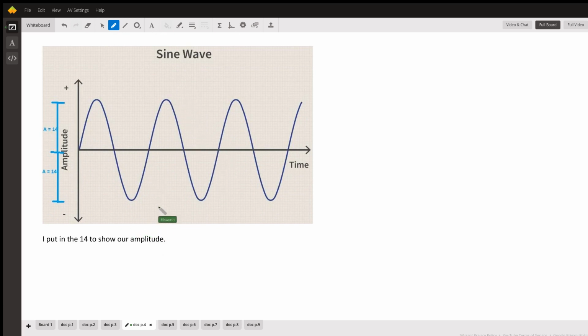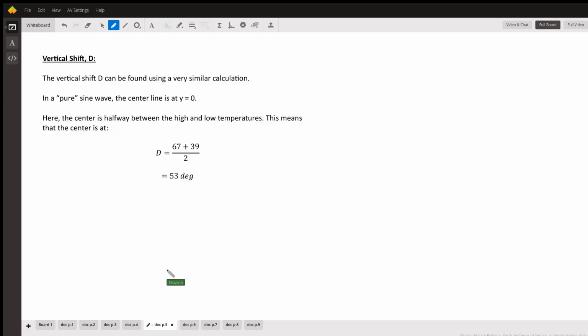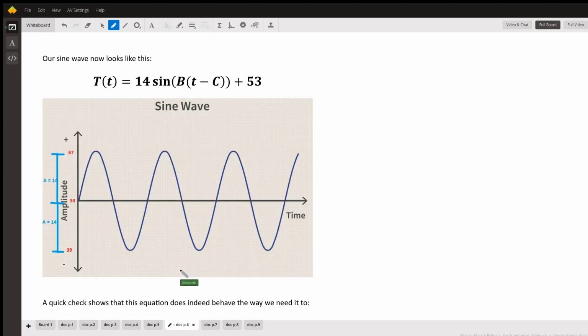Speaking of the center line, where is that? Glad you asked. That's our next thing to figure out. Okay, we can use a very simple calculation to figure out where the center is. In a pure sine wave, the center line occurs at y equals 0. Well, here the center is halfway between the high and the low, 67 plus 39, divided by 2, 53 degrees.